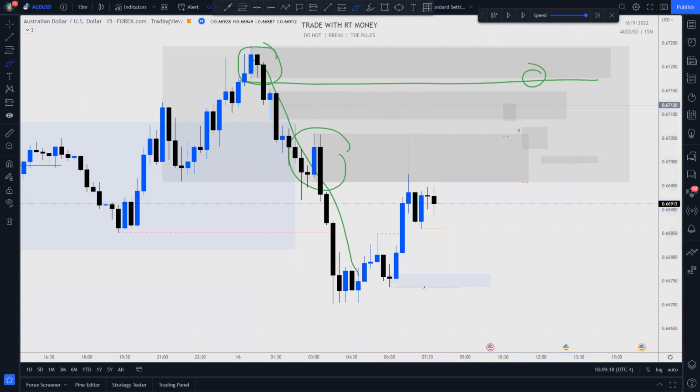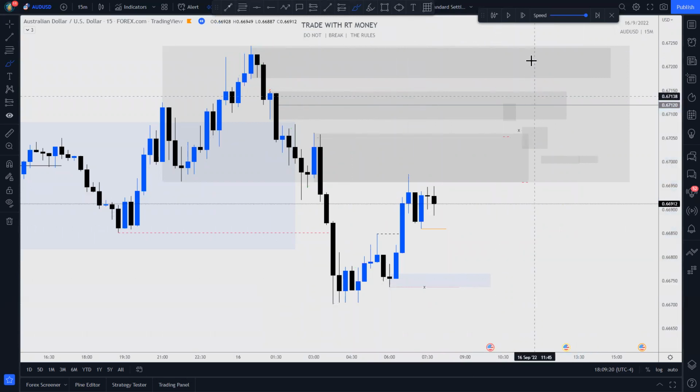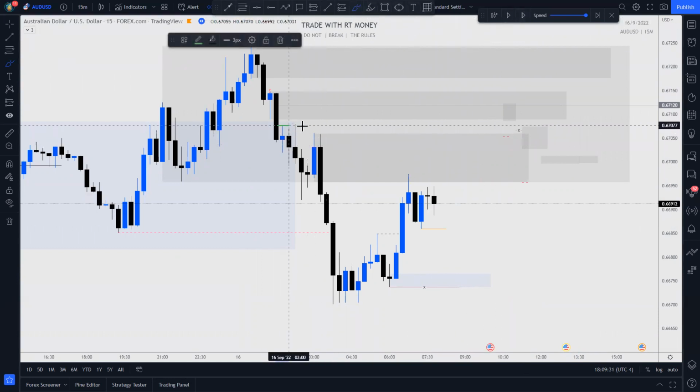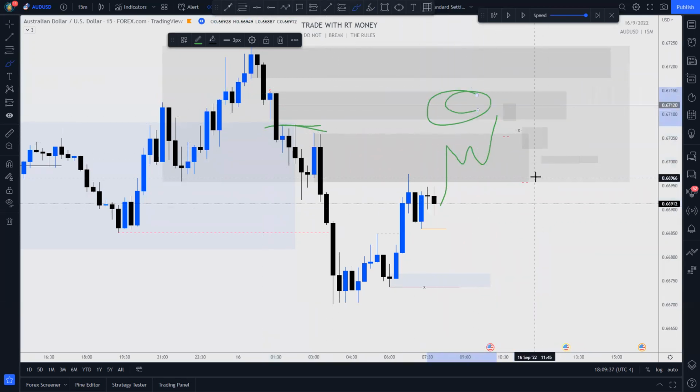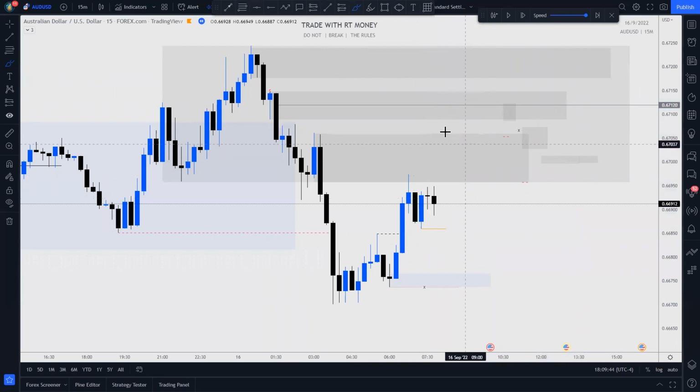So I'm expecting price to hold if it makes it up there. This one secondarily. I'm going to look at this one first if price comes up there, because there are relative equal highs here that price may want to sweep into this zone. And then I'll look for my trading model here first.